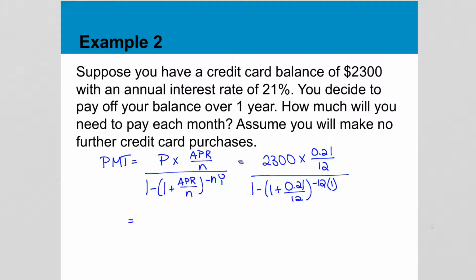On the top, you get 40.25. On the bottom, 1 minus 1.0175 to the negative 12. Again, be careful how you put this in your calculator. I'm not going to go through it again. We just did it in example 1. Make sure you go by order of operations. You should end up with $214.16 is how much you have to pay per month for a year to pay it off.